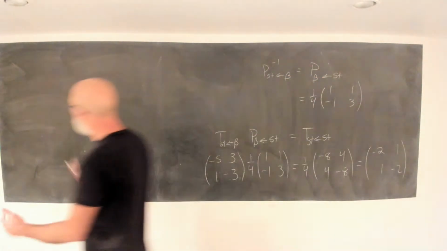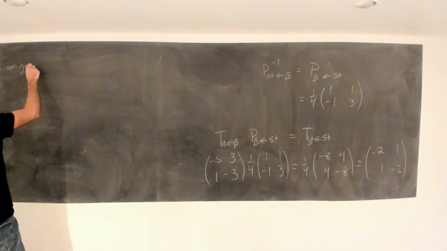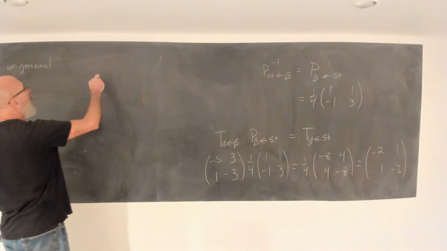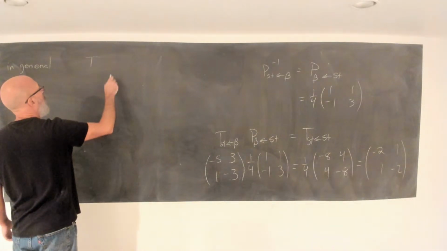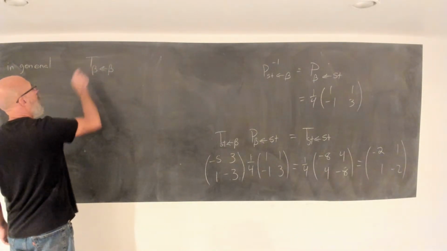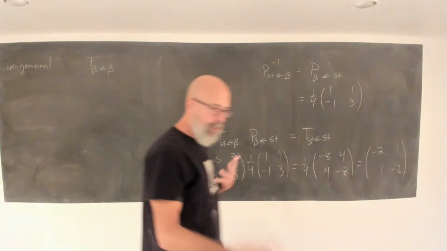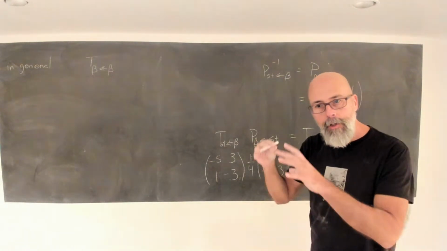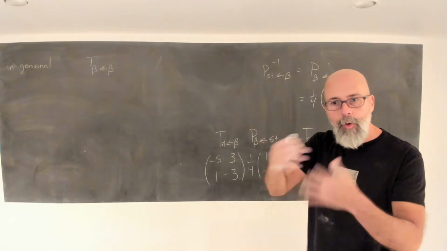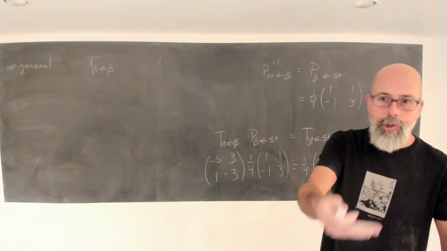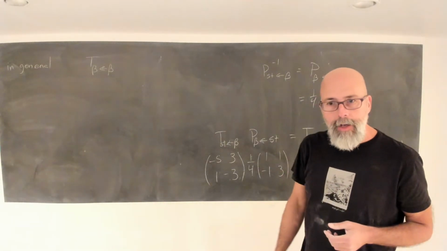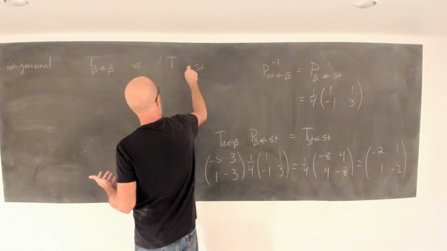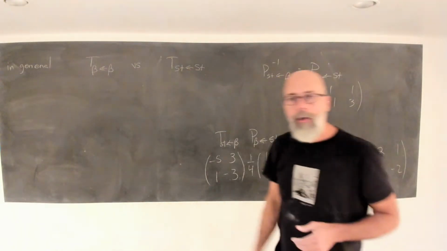In general, imagine a linear transformation acting on basis elements that are in B, doing what the linear transformation does and spitting out the answer in the basis B again, versus maybe standard to standard or any other basis, whatever the case may be.